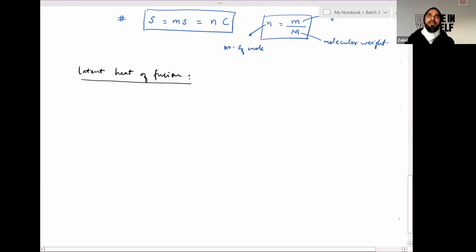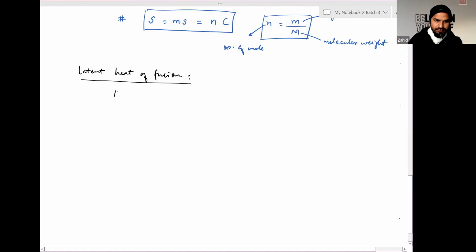If you start heating a solid to convert it into liquid, let's say ice to water, its temperature will not change until the entire ice gets converted into liquid. On changing state, the heat supplied is utilized in breaking of bonds, so there is no rise or fall in temperature. That's why it is called latent or hidden heat.